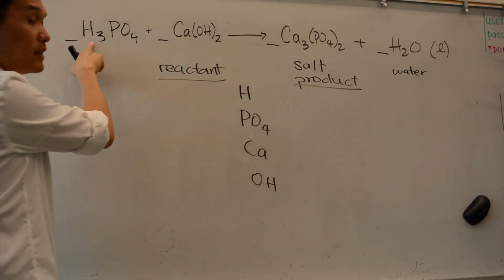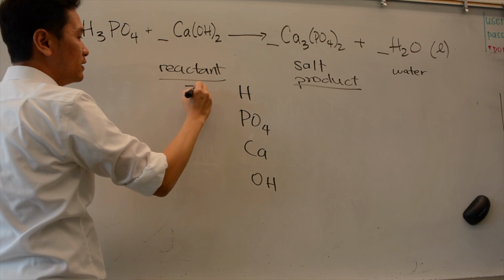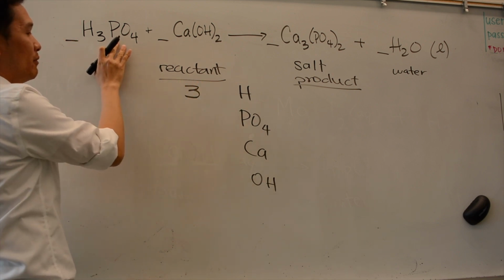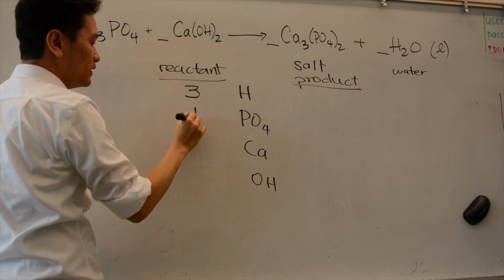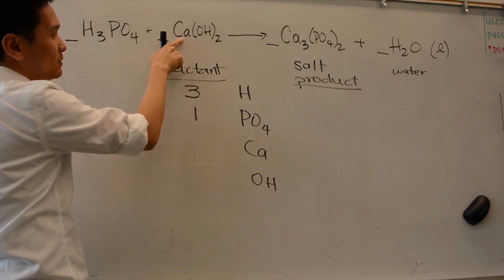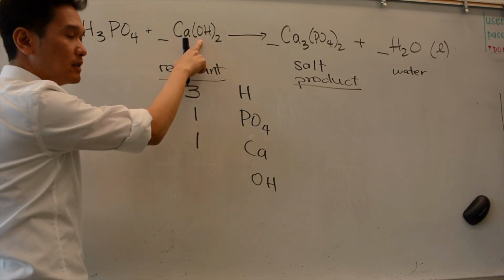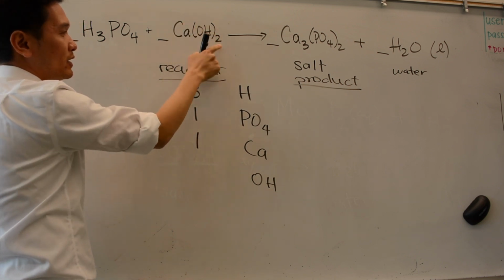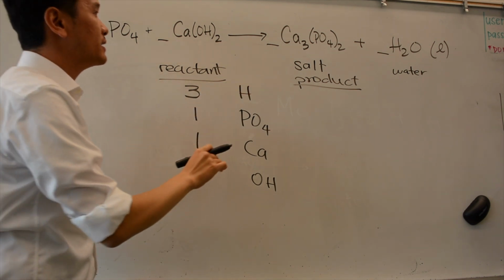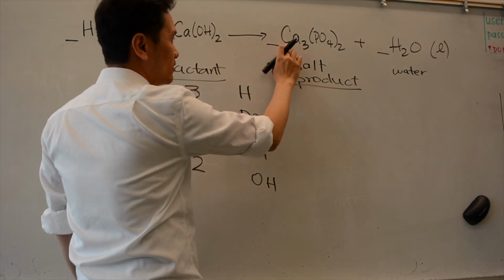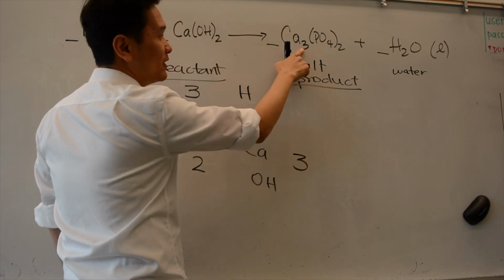On the left-hand side, how many hydrogens do you have? We have 3. How many phosphates? Only 1 phosphate. How many calcium? Just 1. How many hydroxides? It's in parentheses with a 2, so we have 2 hydroxides. On the right-hand side, we have 1 calcium. Oh no, we do not. We have 3 calcium because of that 3 right there.